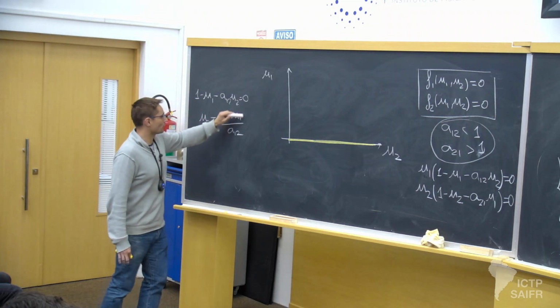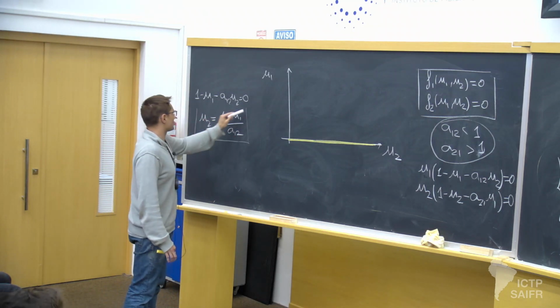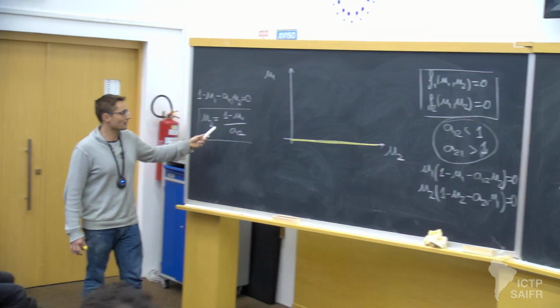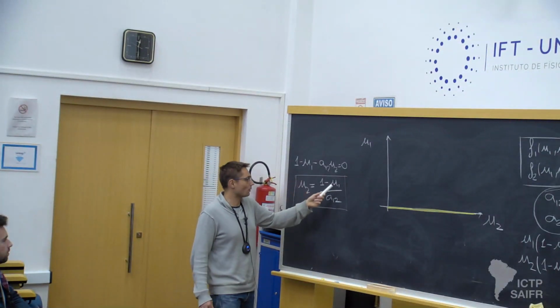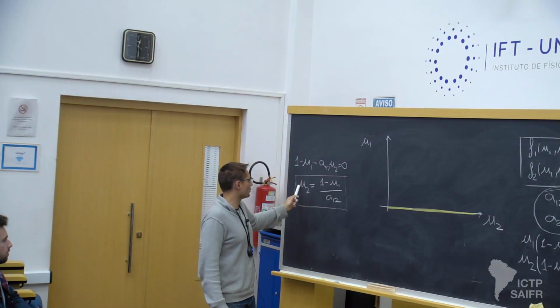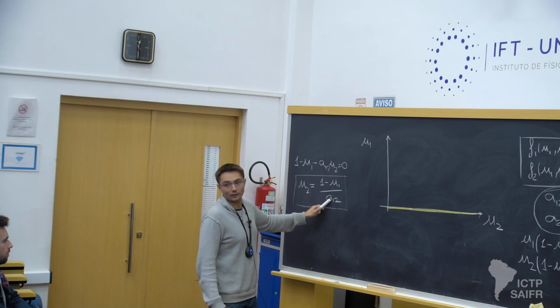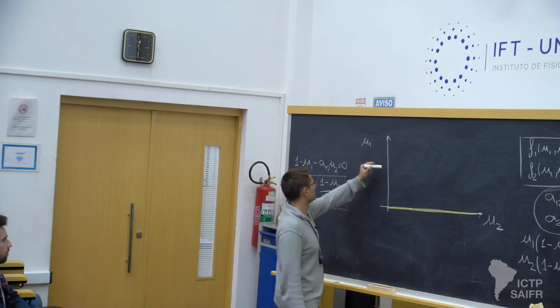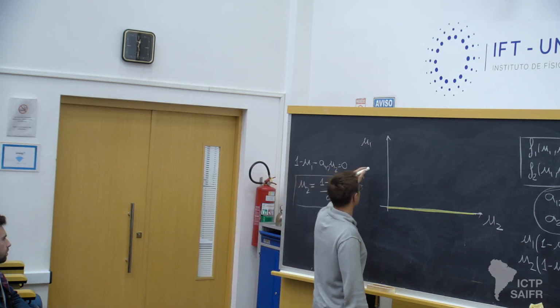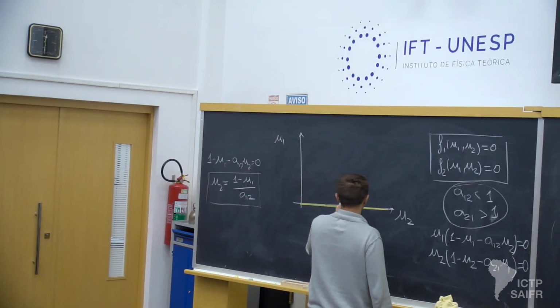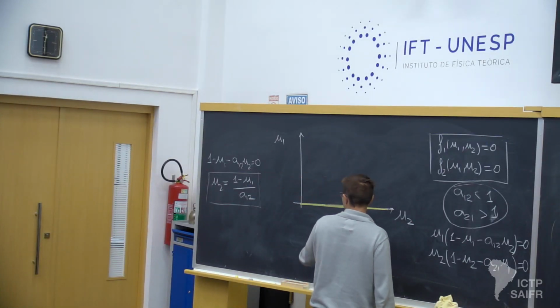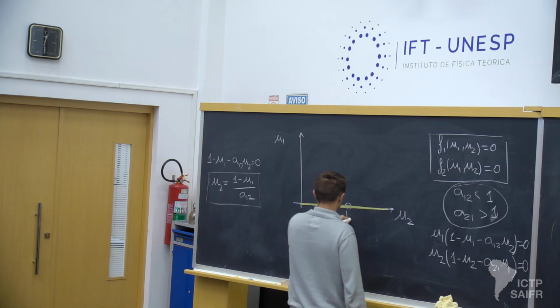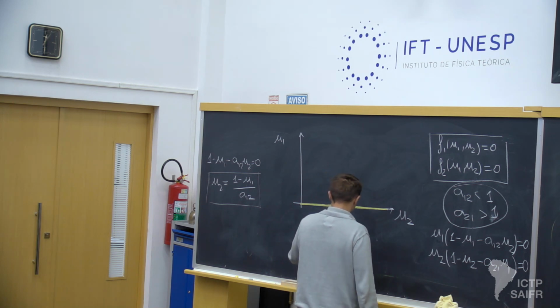So we have to plot this line, and basically we can calculate intersection points. When U1 is equal to 0, then U2 is going to be equal to 1 over A12. So when U1 is equal to 0, we have a crossing point with the U2 axis, that is 1 over A12.